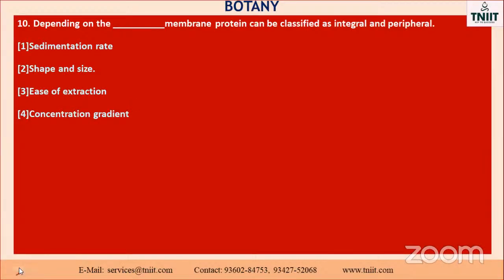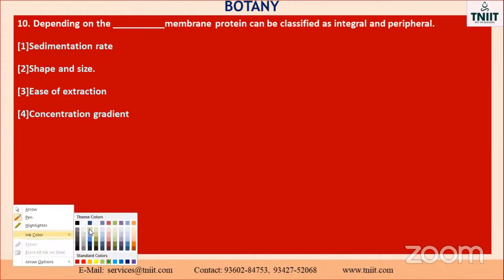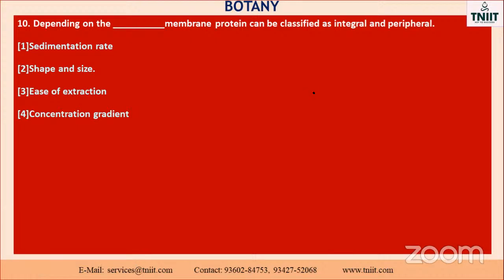Next one: depending on the dash, membrane protein can be classified as integral and peripheral. Normally, you know very well that there are three types of protein in the cells. Take an example, the fluid mosaic model. The cell membrane is also made up of the mosaic model. Mosaic model means the structure will be like this.